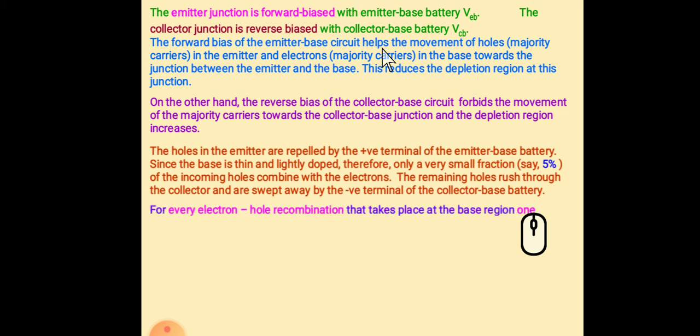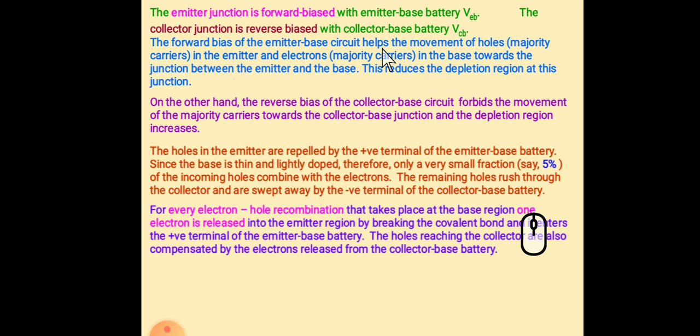Here you have to remember emitter junction is forward bias and collector junction is reverse bias. So same here also, holes repelled by the positive terminal of battery are attracted towards the base. And less number of holes will recombine with the electrons at the base, and most of the holes will be attracted towards the collector, because collector is reverse bias.